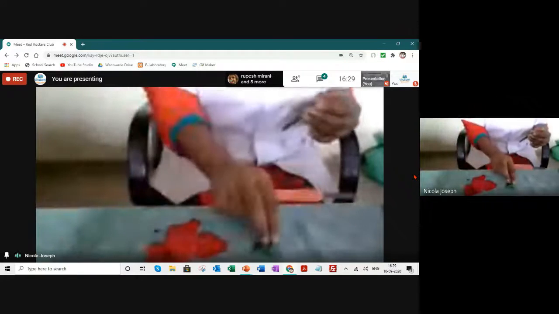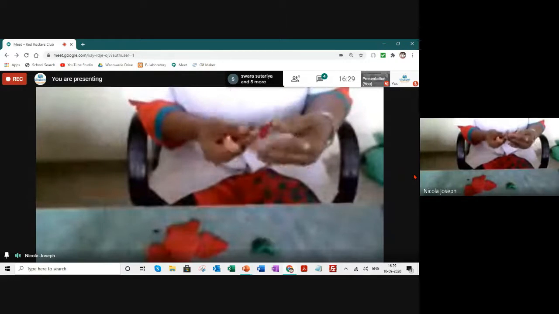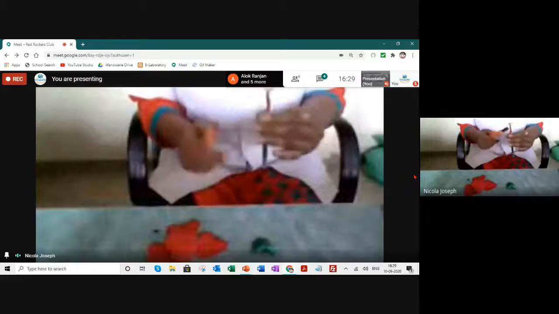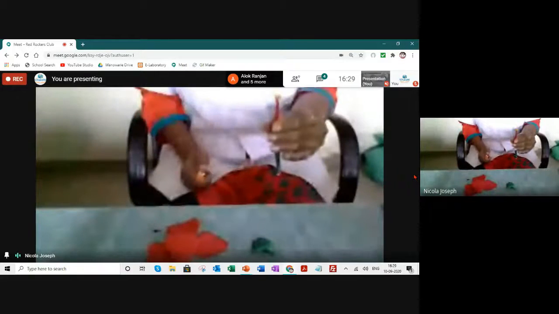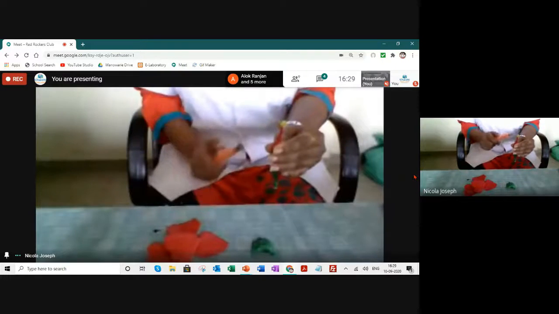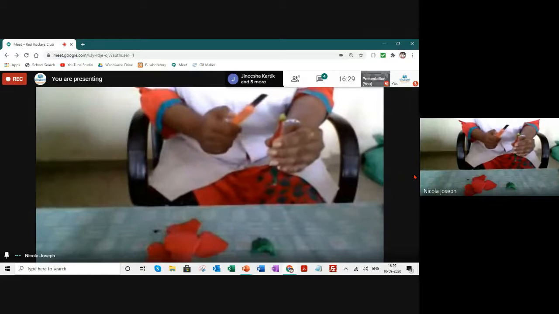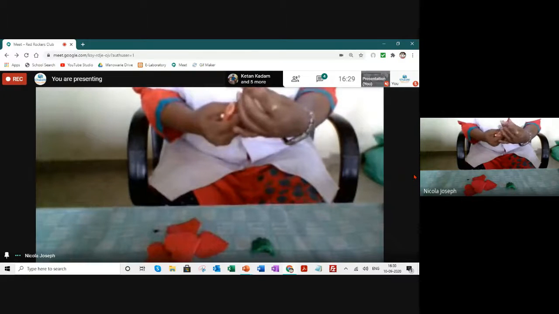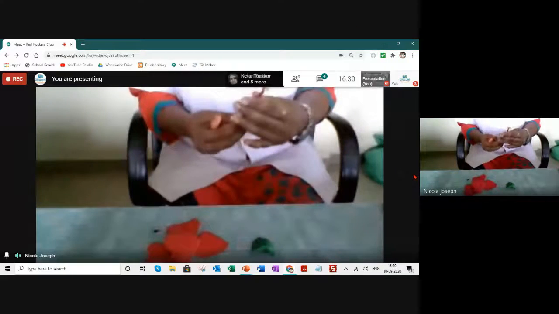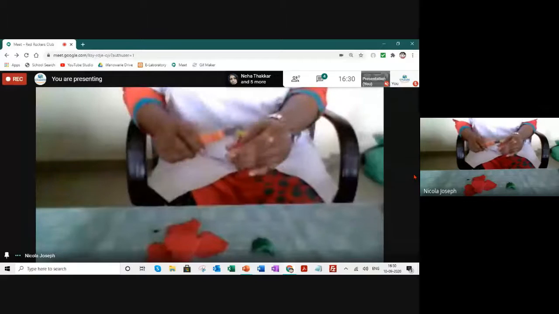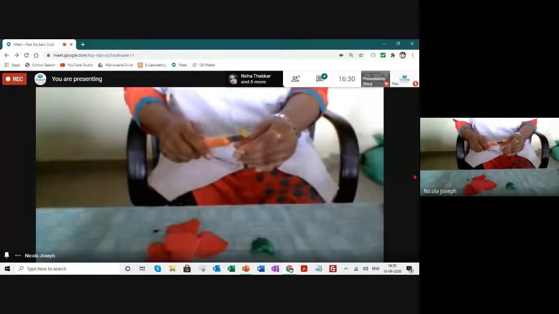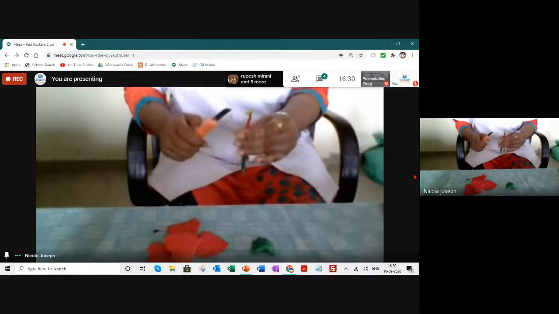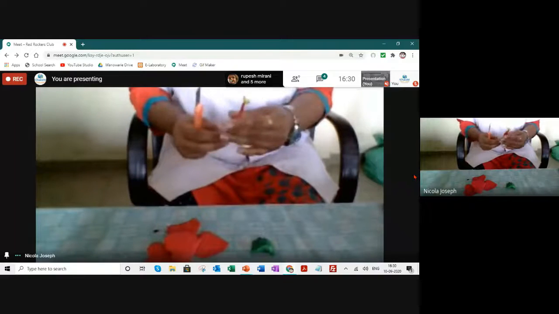So this is a sepal, petal. Now you can see something else on top. What is this called? What are the other two parts of the flower? Who will tell me?